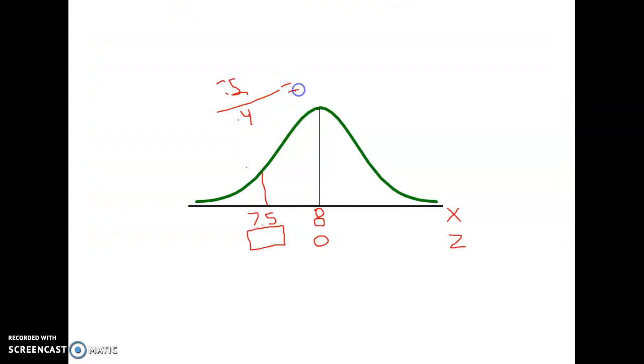And that equals 0.5 divided by 0.4 equals 1.25. So we can now plug that in and say this is negative 1.25. And now we've got not only our x values, mean of 8, and an x value of 7.5, but we have our z values that correspond to those.